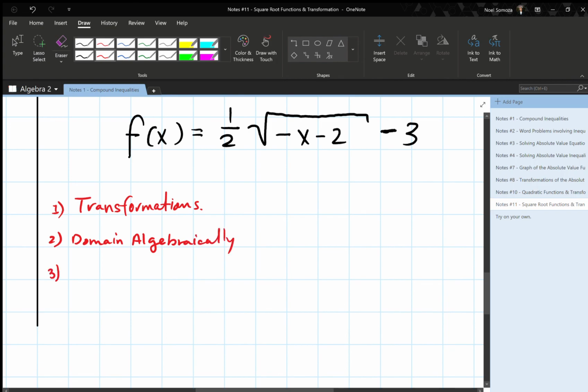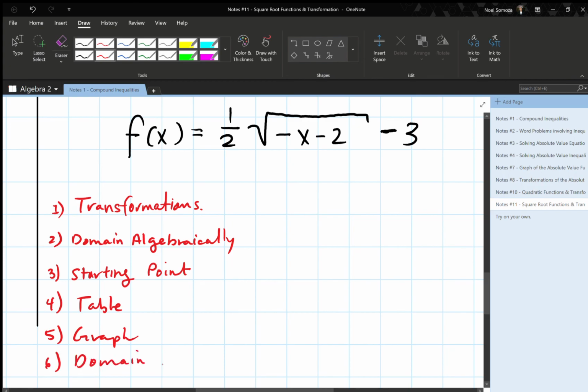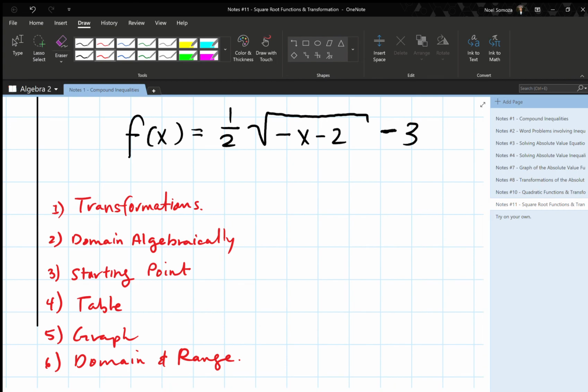Find your starting point. Draw your t-table. Graph it. Domain and range. In that order specifically. So go ahead and work with each other, help each other out.